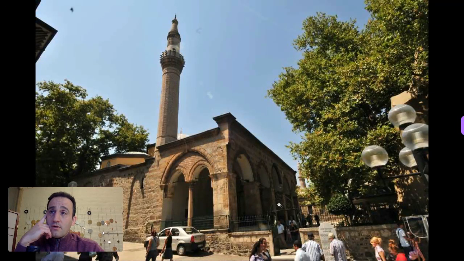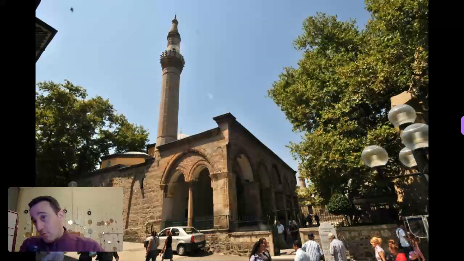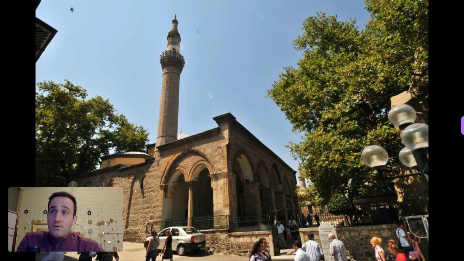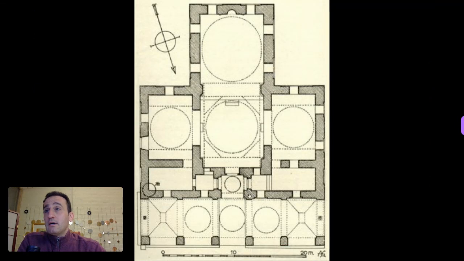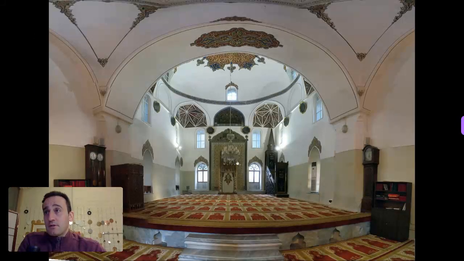Here we're looking at 5 bays, with a central bay that is taller and slightly wider, flanked by slightly narrower and slightly shorter side bays. That play of narrow, wide, narrow, or narrow, narrow, wide, narrow, narrow is something that we're going to see a lot in the examples of Islamic architecture.